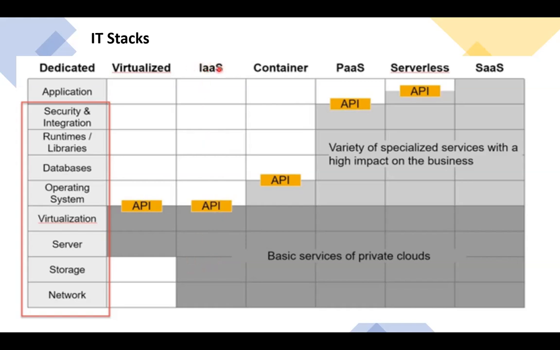IaaS stands for infrastructure as a service, so there will be no further support apart from these four components. So, okay, customer buys, that's fine. You're saying the customer has subscribed to IaaS, and what happens next? Again, the customer will be subscribing to operating system, databases, and all these services on top of it. And then we'll be going further.